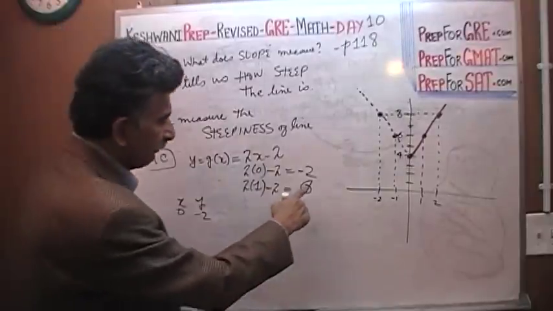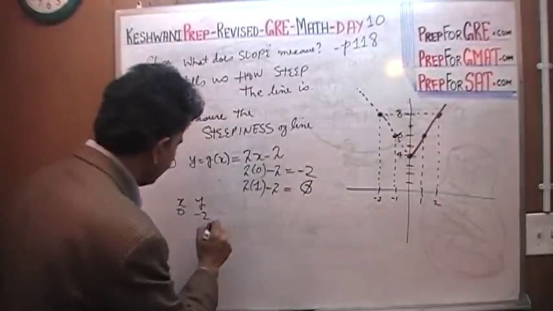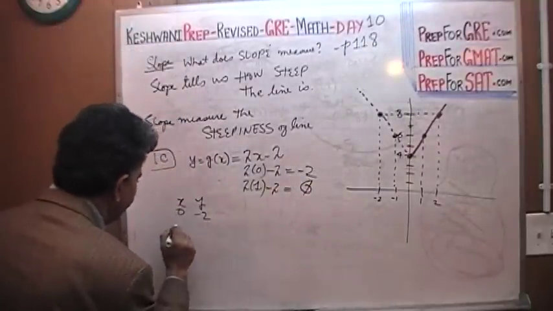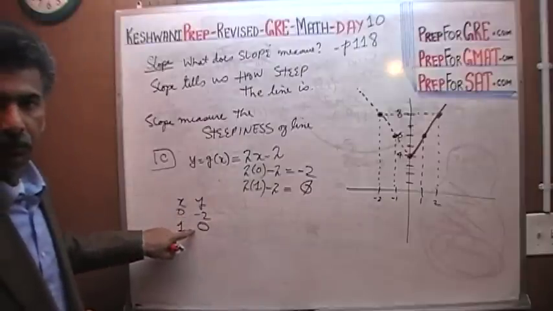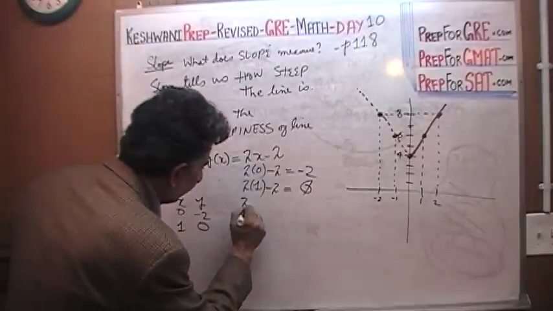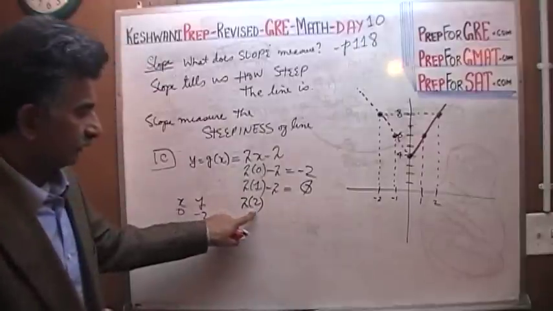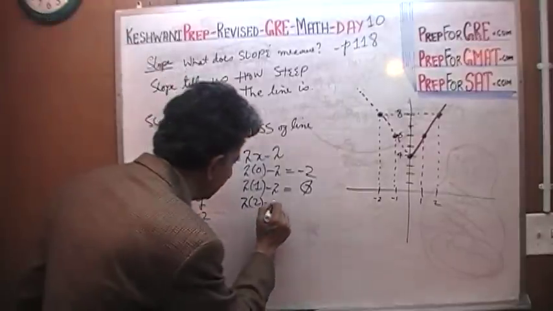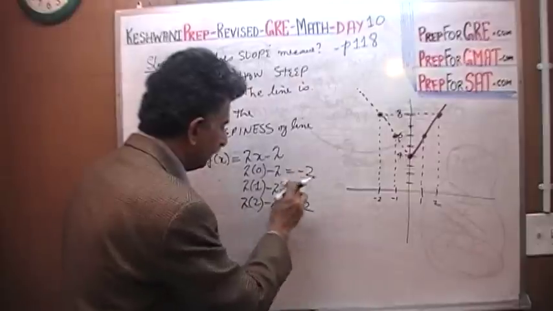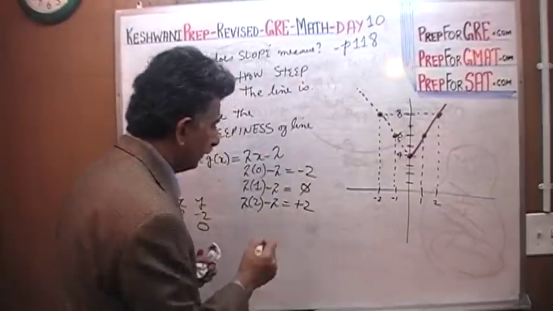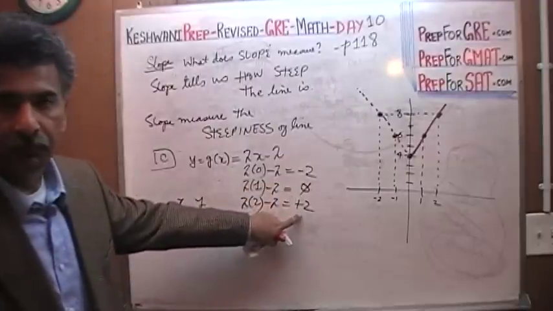You see the value of y went from negative 2 to 0. When x is 1, y is 0. You see the value of y went up by 2. If x equals 2, 2 times 2 is 4, 4 minus 2 is 2. It went from 0 to positive 2.